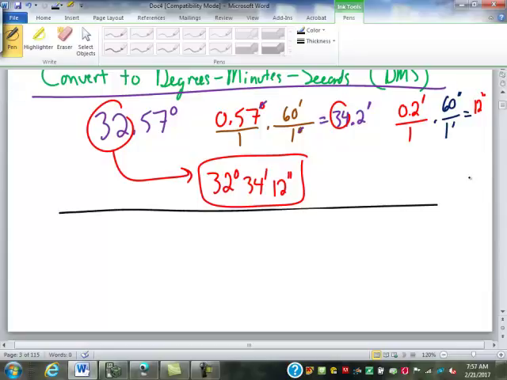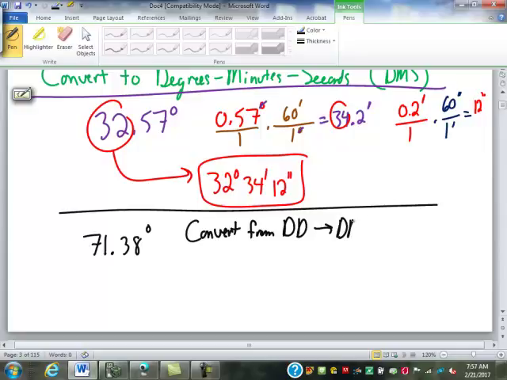We're going to do a couple more examples yet. So let's say we have 71.38 degrees. Of course, this is decimal degrees, and I want to convert it from decimal degrees to DMS.